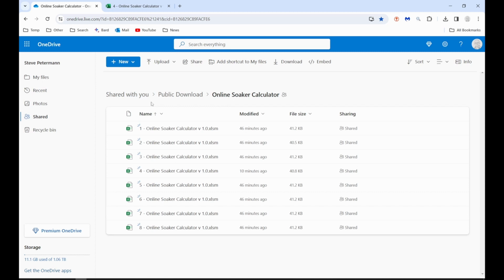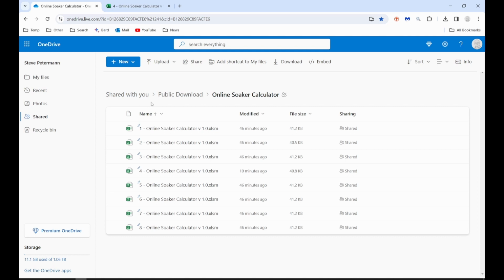If you don't have one, you can go to the Microsoft.com website and create an account. They're free, it's easy to do, and then you can use that email address to access this. It'll ask you for that when you access it if you're not already logged in to your Microsoft account.